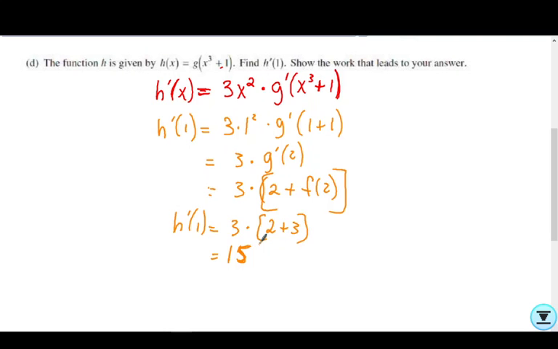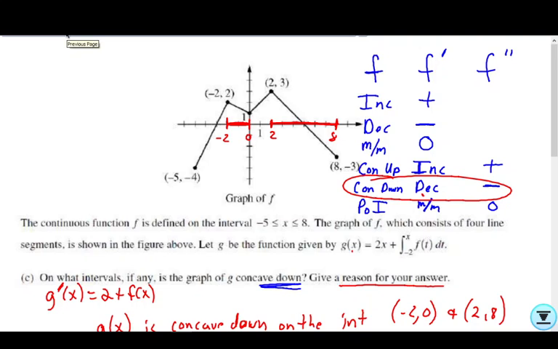So, and these aren't hard. The problems themselves, mathematically, aren't hard. What makes it complicated is you need to know the concepts. So the main idea of part D is absolutely chain rule. Part C, the main idea here is how the derivative relates to my function. This chart right here. If you don't know this chart and how it's referenced in this problem, you can't do this problem.